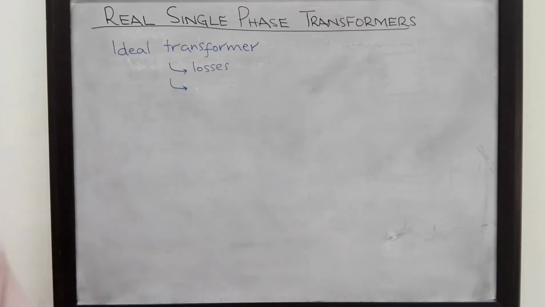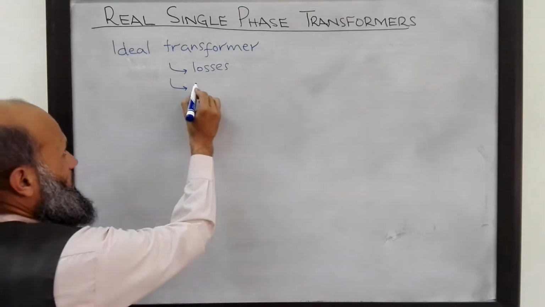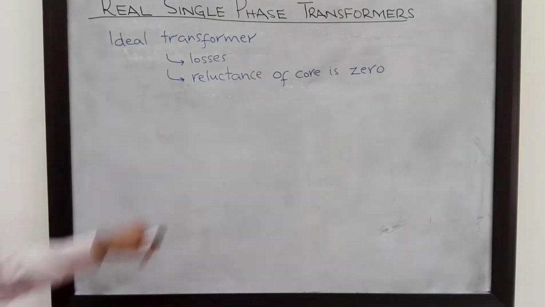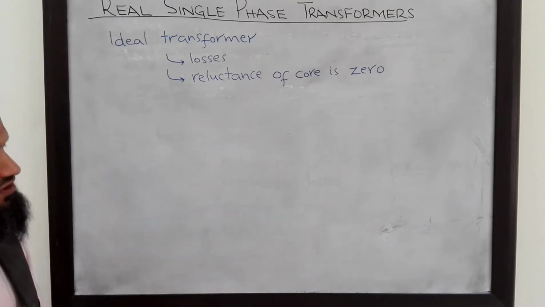Secondly, the core of an ideal transformer is also ideal. That is, the reluctance of the core of an ideal transformer is 0. So this statement has two implications.